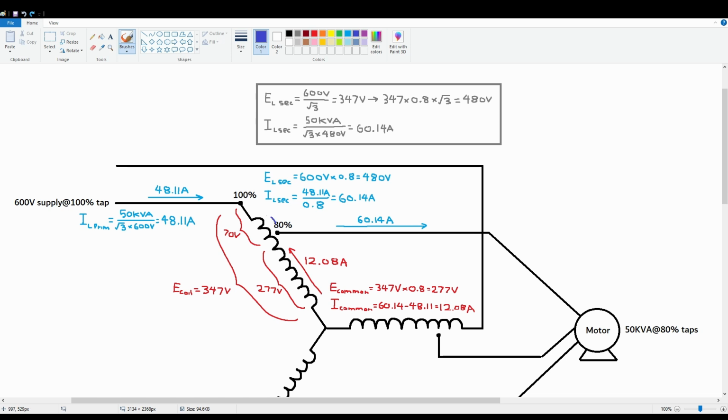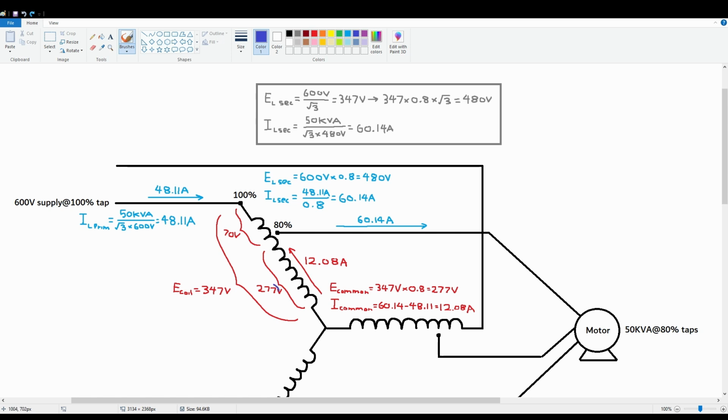This is our phase voltage across the windings right here, also called coil voltage. So that's going to be 347 volts for our phase voltage. After we get our phase voltage, we do 347 times 80% because we're on the 80% tap. So 80% of 347 is 277.